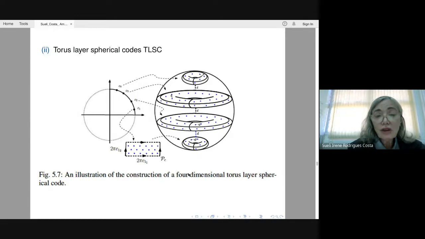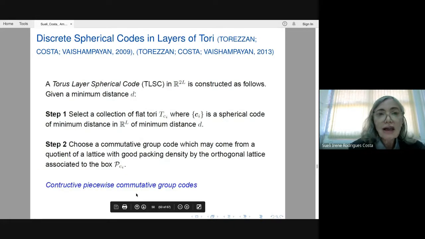For torus-layer spherical codes, the density of a code which comes from the flat torus map is not good, because we are in a manifold of dimension n contained in the sphere of double the dimension, right? So to improve this, we set some layers of tori, and then in each layer we set some code that comes from a lattice.